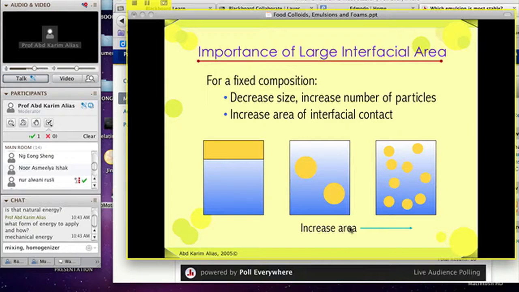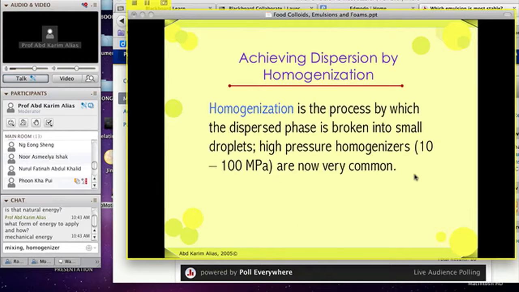Then we get an increase in the interfacial area. For any composition of emulsion, by decreasing the size of the droplet, we can increase the number of droplets, and hence we can increase the area of interfacial contact. We can do this by using a homogenization process.